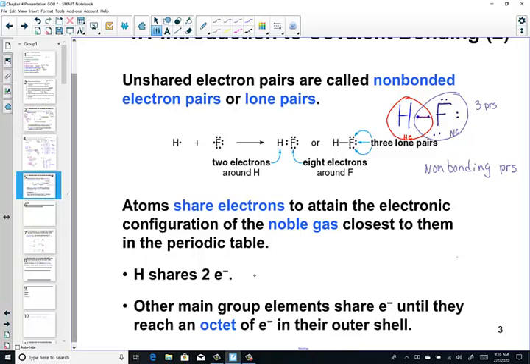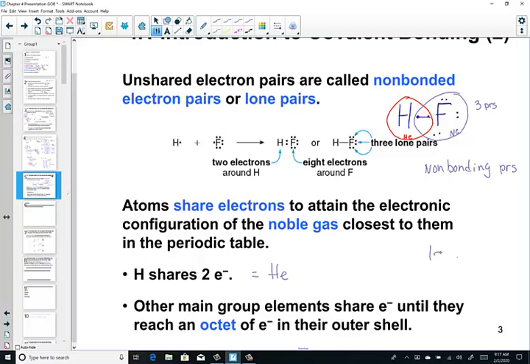Remember, hydrogen shares 2 electrons with the goal of becoming helium. Fluorine shared 1 pair with its own 3 sets of dots until it became like neon. So they want to become like the noble gas that's closest to them in the periodic table. Hydrogen is unique because it only needs 2 electrons to fill its first energy level.